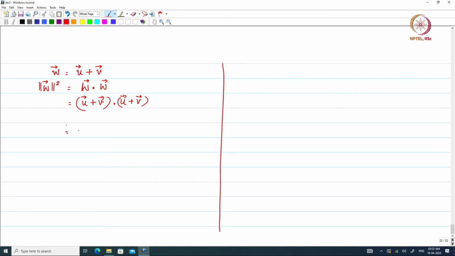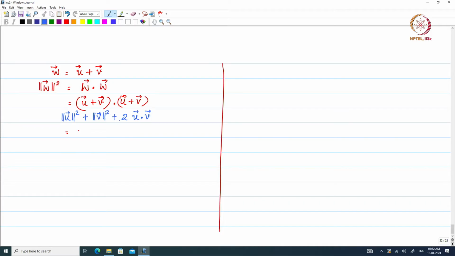We already saw this expression a minute back: it is equal to the squared norm of u plus the squared norm of v plus 2 times u dot v. This is what we had, right.